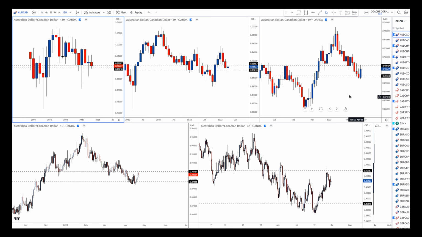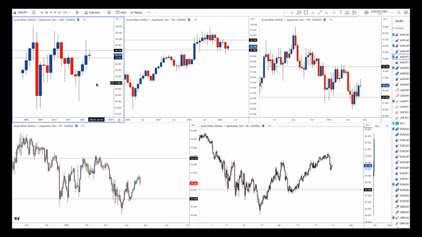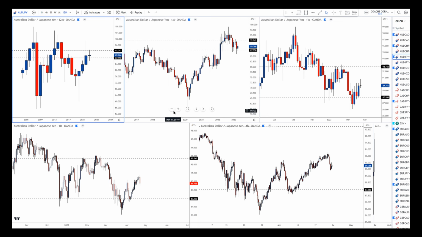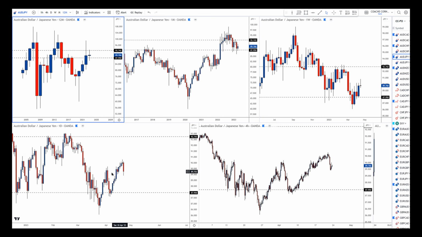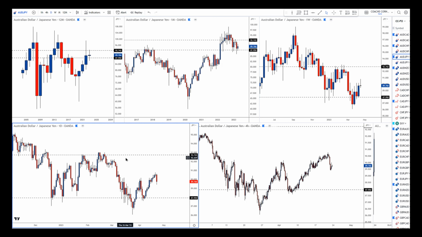Okay, next one is AJ. Same in here. My yearly bias was actually bearish, but we are at a level of support on the yearly and monthly chart, and I see one of my own designed patterns, a pattern that I call set and forget.